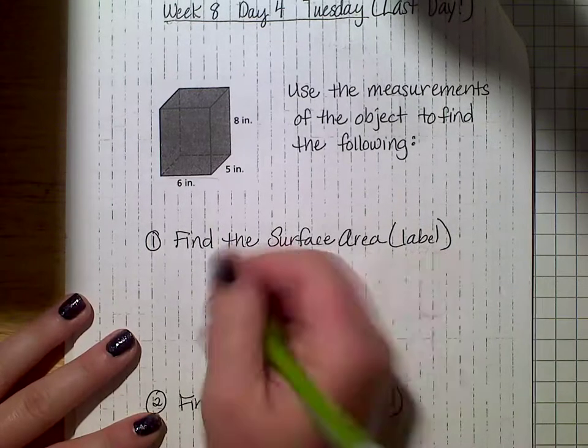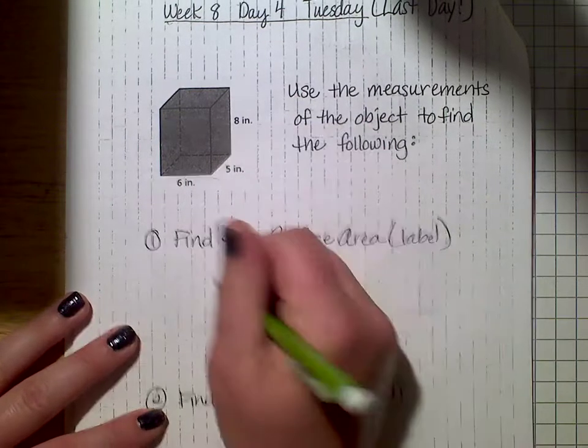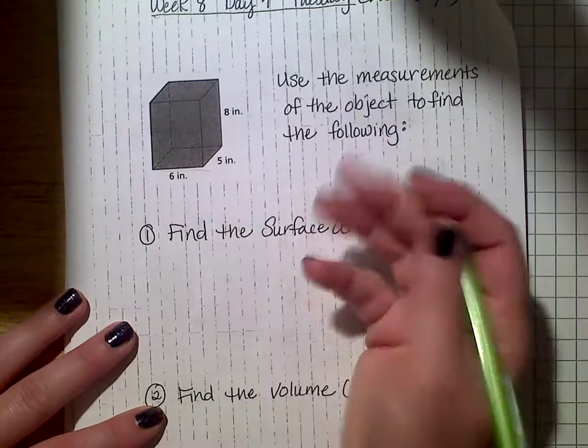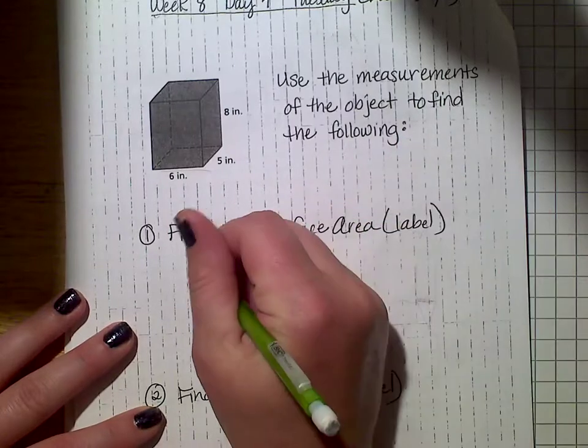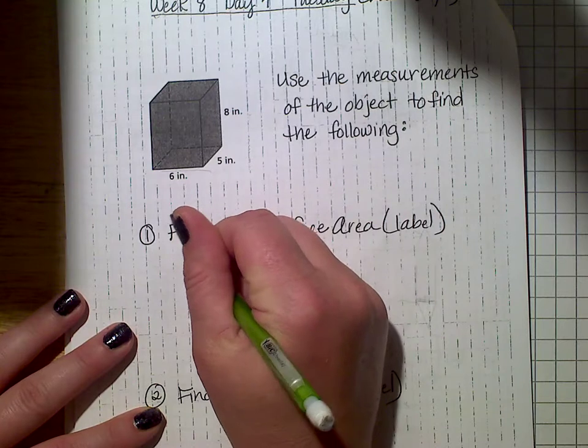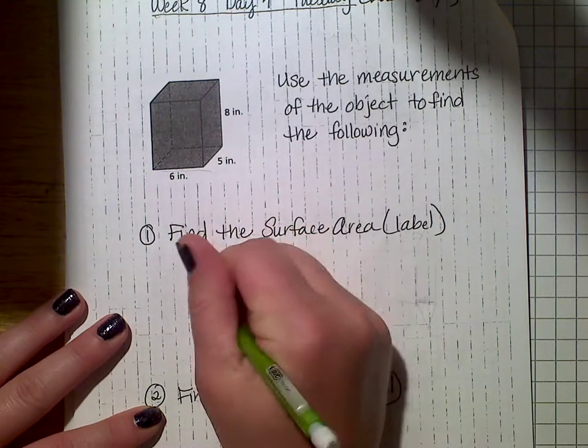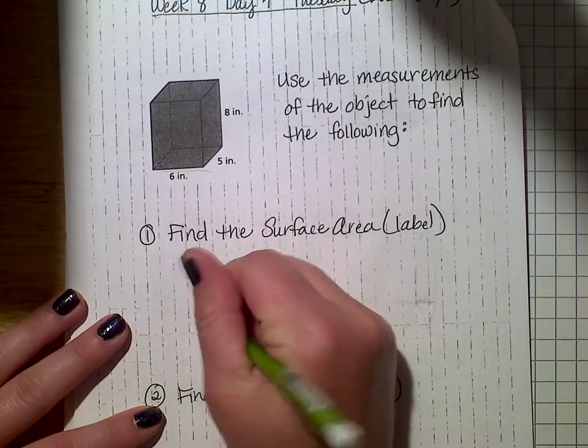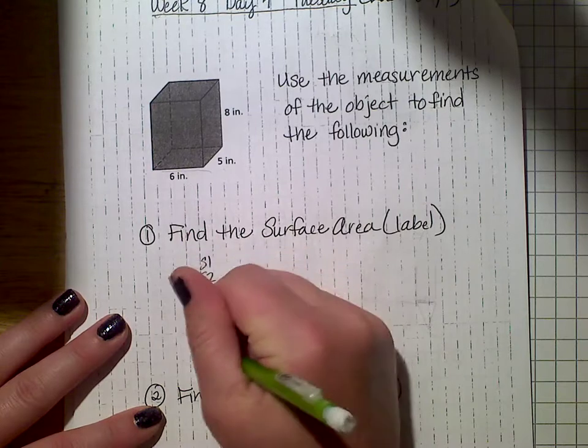For surface area, again it's a rectangular prism, so it has 6 sides. It's going to have 4 sides, a top and a bottom. So side 1, side 2, side 3, side 4, and a top and a bottom.